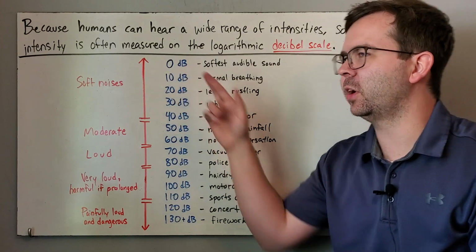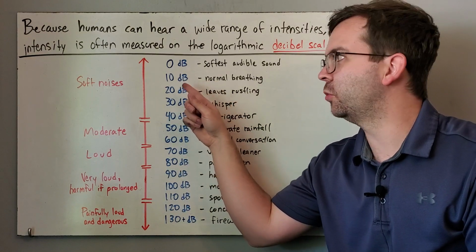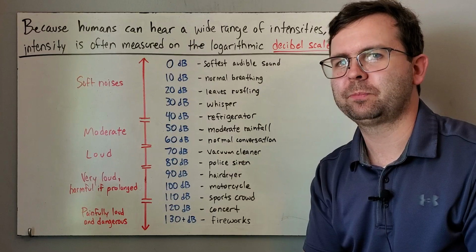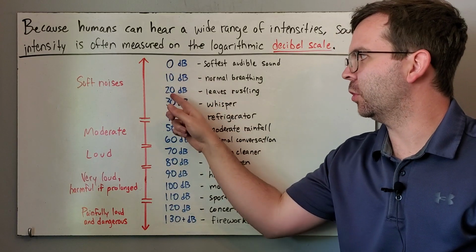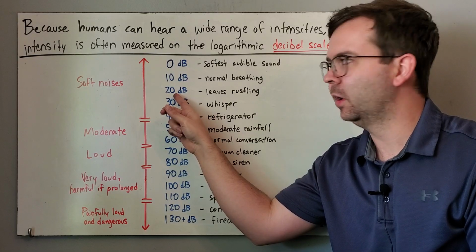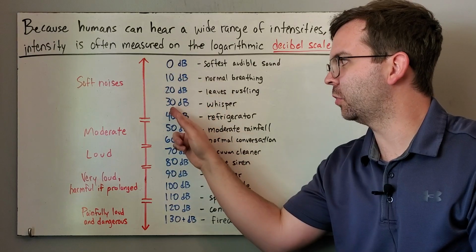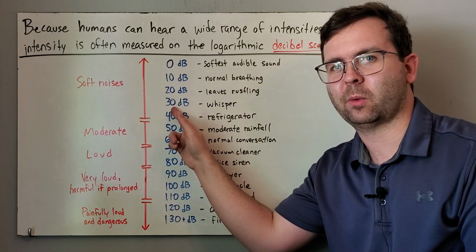I'm not too concerned about the mathematics behind the scale here, but what it essentially means is if you start at 0 decibels and you go up to 10 decibels, that is 10 times greater than 0 decibels. If you go up to 20 decibels, now you're at 10 to the second power, and so that's 10 times 10, 100 times greater. If you go up to 30 decibels, that's 10 to the third power greater.